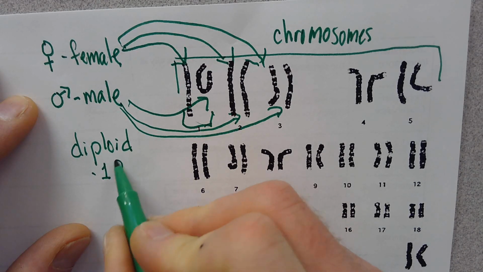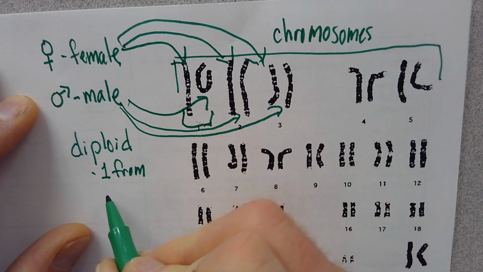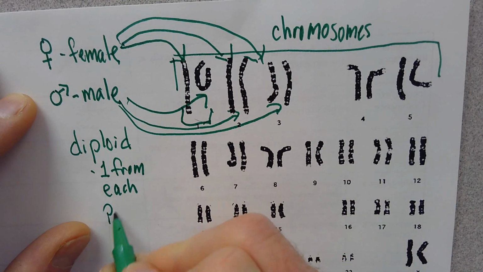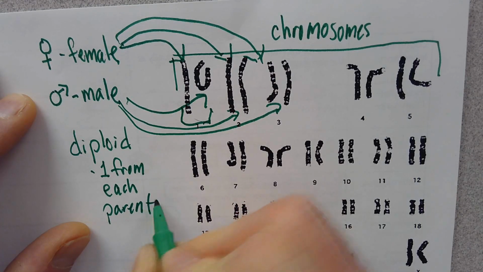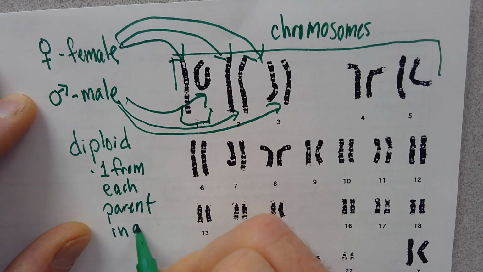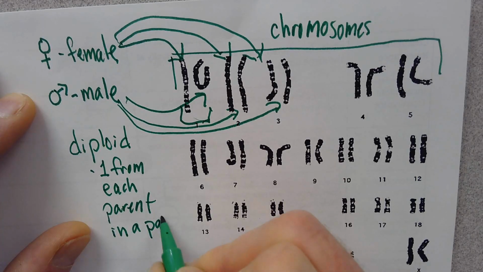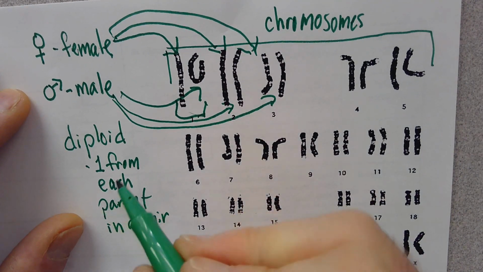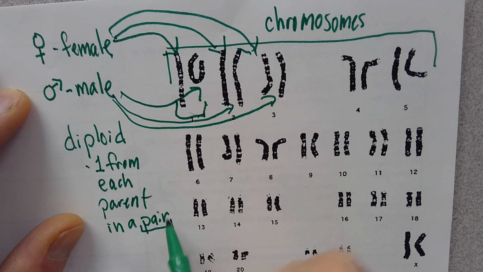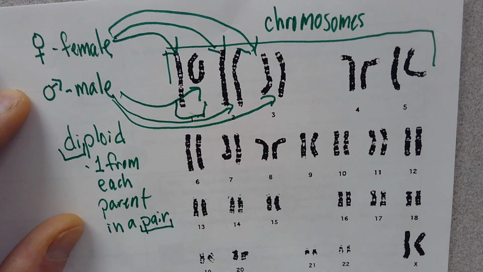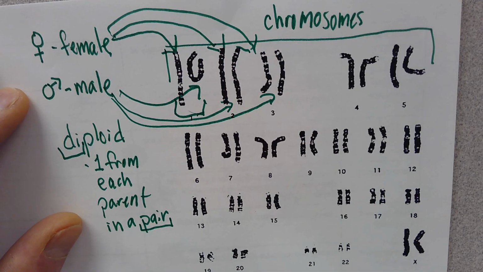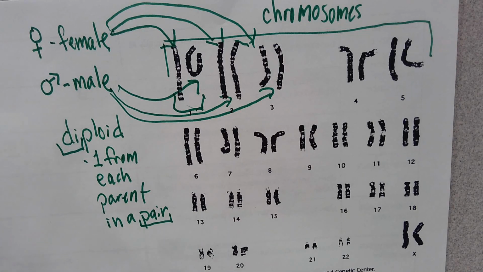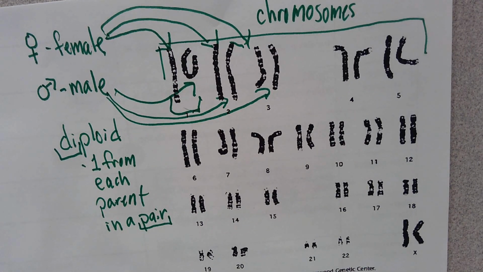One from each parent. And as Mr. Burns talked about when he showed that image with shoes, pair is always 2. Di is always 2. Think about dioxide and all the things from chemistry or other things that you might know.